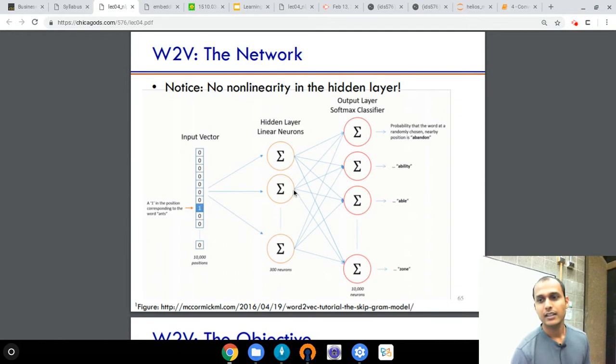If you want to make the score corresponding to quick the highest, there's a linear transformation going on from this 300 dimensional vector to the score of quick. Let's say this cell corresponds to quick. This vector corresponds to the word Fox. There's a linear transformation going from here to the word quick. You want the score for quick to be high, then it better be that the vector corresponding to Fox be high.